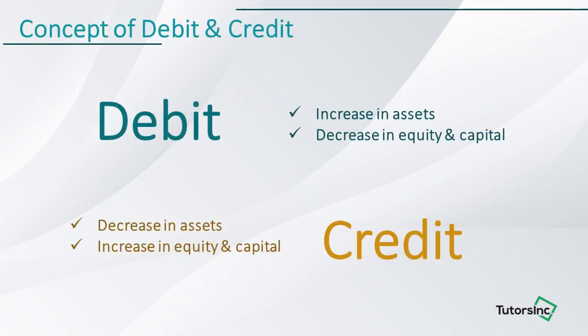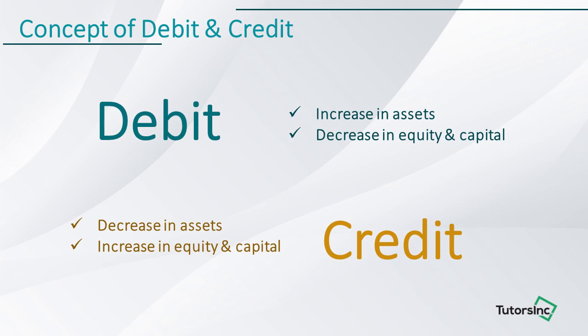It's time to talk about the concept of debit and credit. Generally, debit entries are associated with increase in assets and decrease in equity and capital. For example, if the business purchases machinery, it will have to debit machinery account since purchasing machinery will lead to an increase in assets.